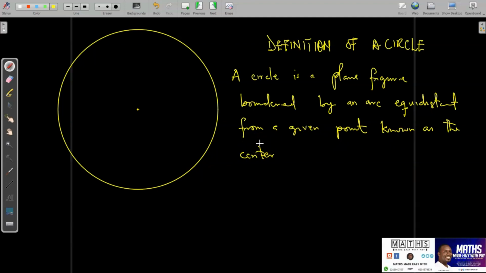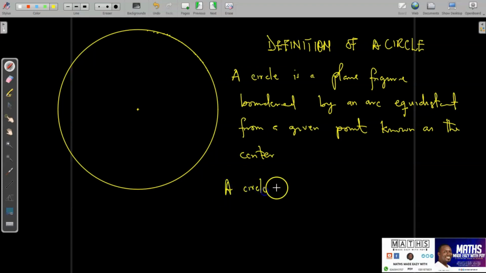Now you realize that this arc that was drawn or bounded, it can also be made up of smaller points. There can be smaller points on this arc, whereby continuously it also forms the circumference. Therefore, you can also define a circle as a set of points.